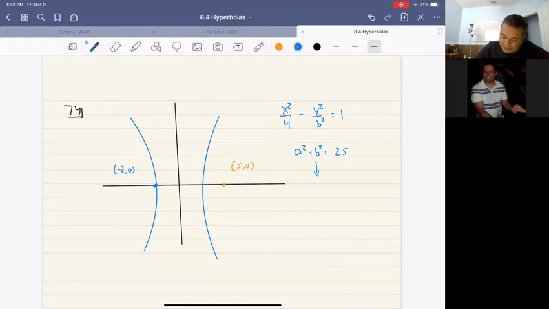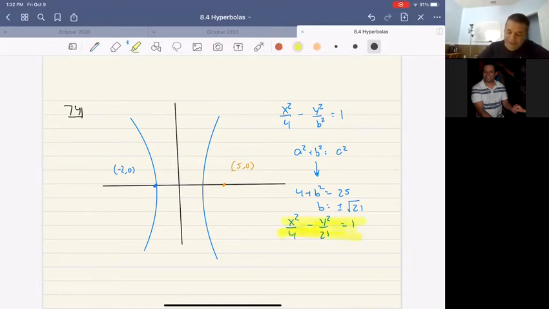Plugging in the numbers we have 4 plus b squared equals 25. So b equals plus or minus square root of 21. So our equation is x squared over 4 minus y squared over 21 equals 1.